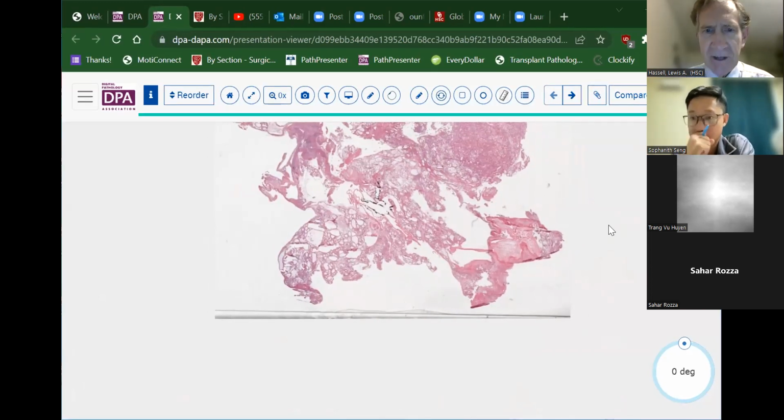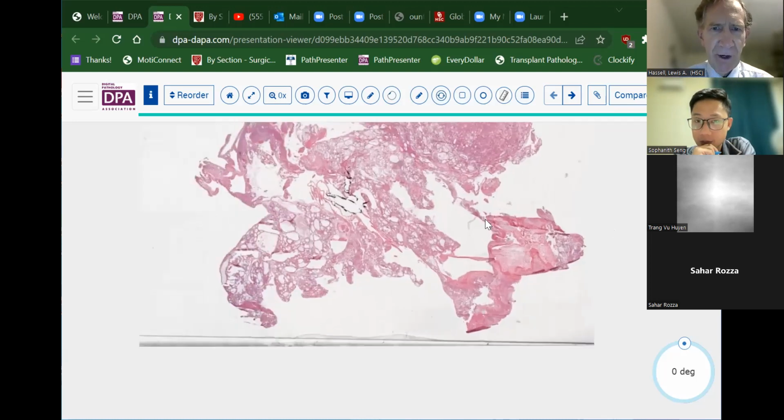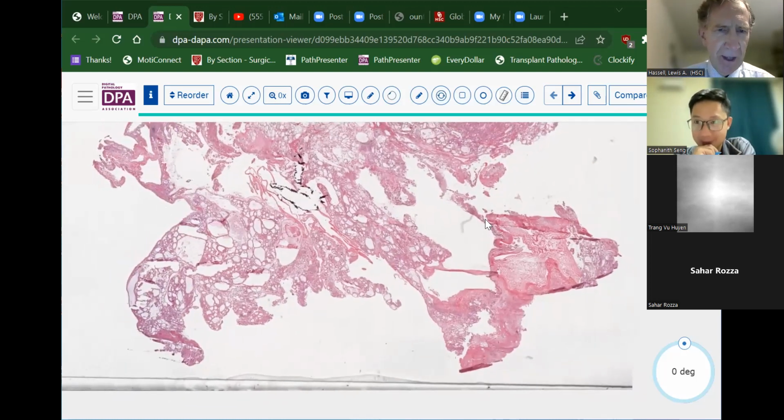So this first case that we'll talk about today is a middle-aged woman who had an ovarian mass. Now, you know, I like a lot of ovarian things, so this was an easy choice. But this is a frozen section slide. Of course, in pathology, we want to always provide an accurate diagnosis, but in frozen section pathology, our objective is to guide the surgeon to be able to make the next appropriate step.